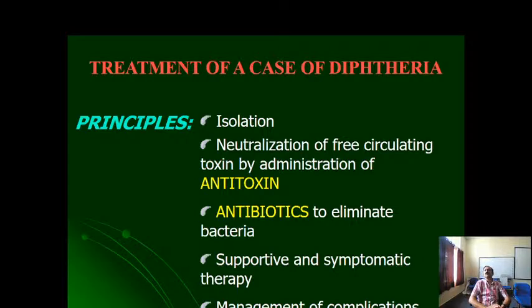Now, what do we do? The principles of treatment. Remember that diphtheria is highly contagious. So the first thing one has to do is isolate the case and ensure that nobody else gets the disease. Immediately on suspicion itself, the patient should be isolated. Where do you do isolation? Do we have an isolation facility in Telangana?